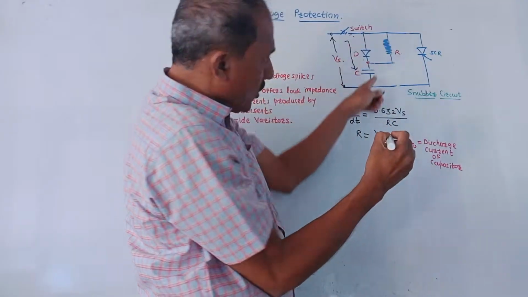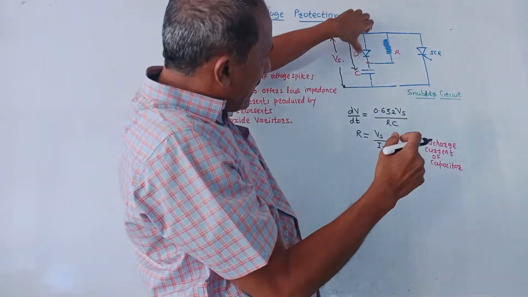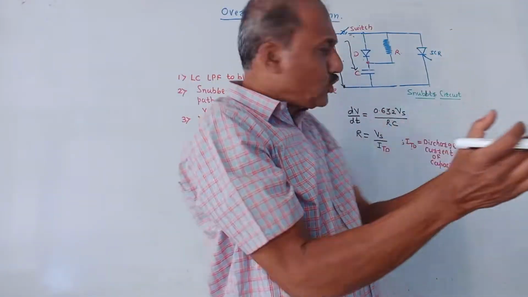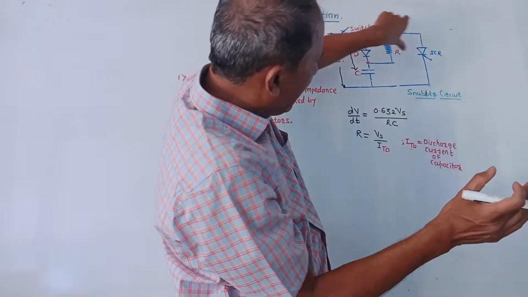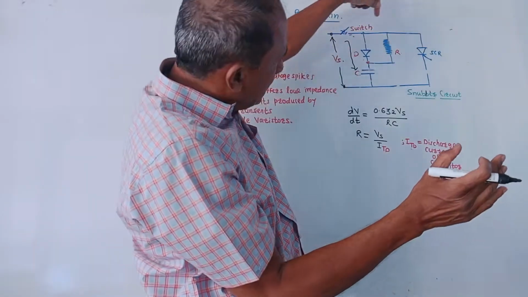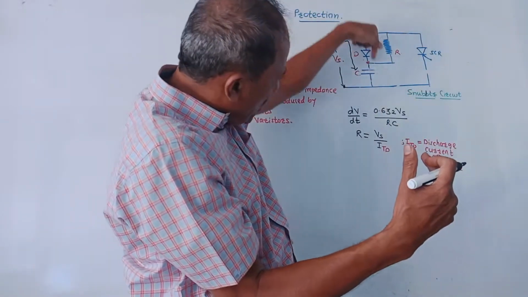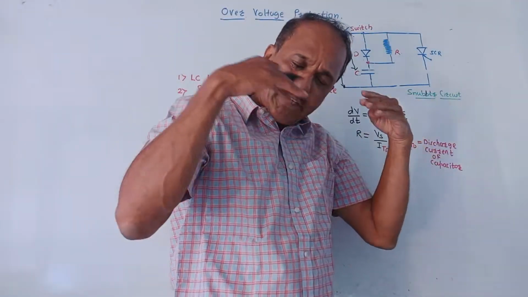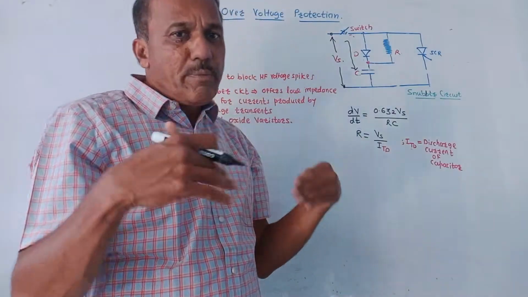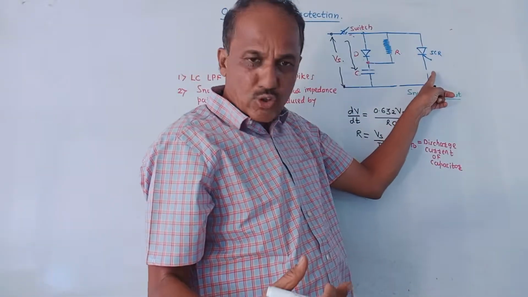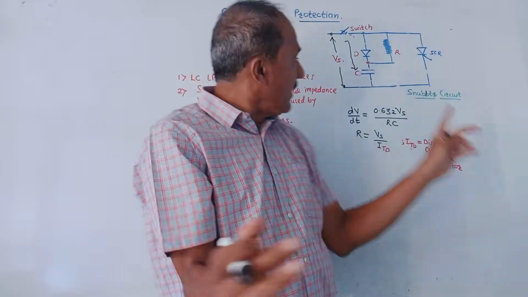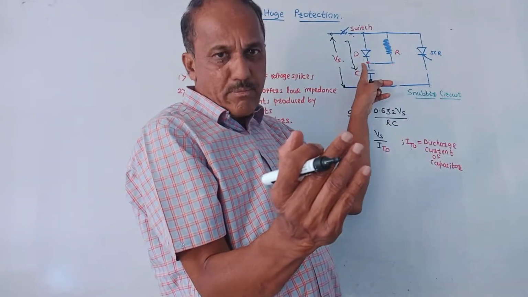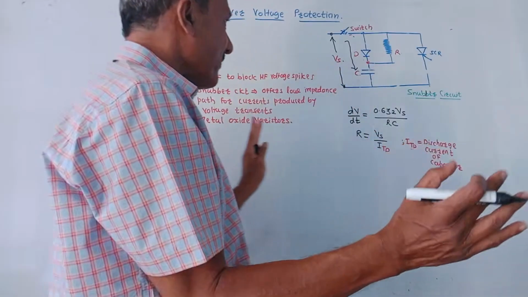This diode gets forward biased and has very low impedance in forward bias, so as if the capacitor is directly connected across the SCR. Since there is a gradual increase in the capacitor voltage, there will be a gradual change in the voltage drop across the SCR, because of the very low forward impedance of this diode.